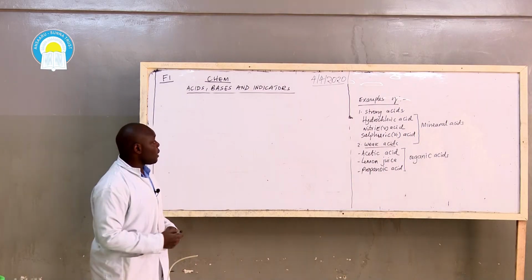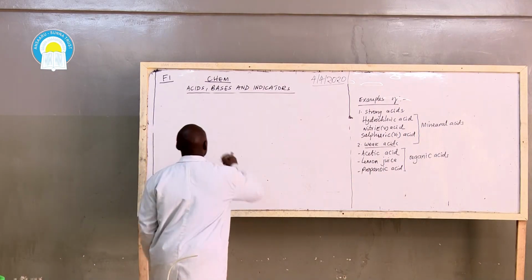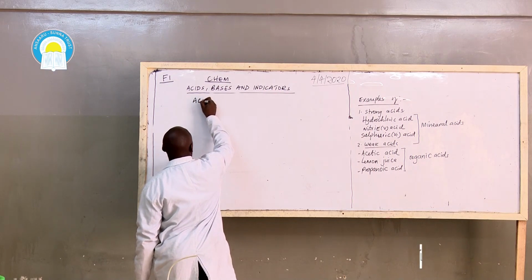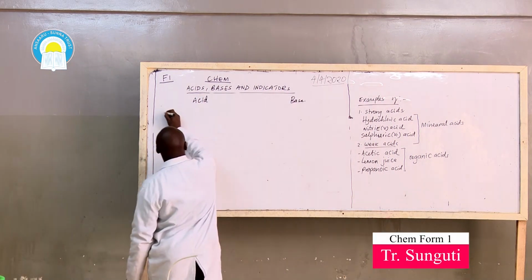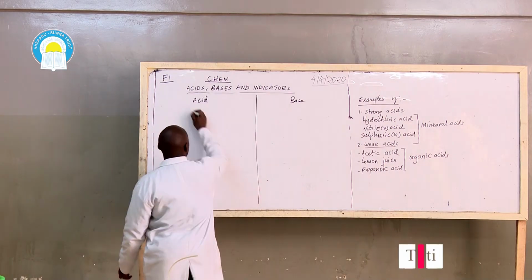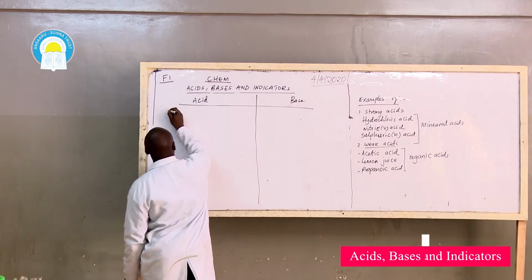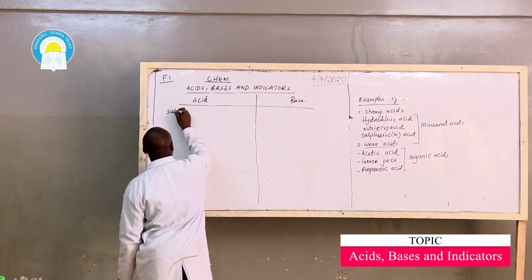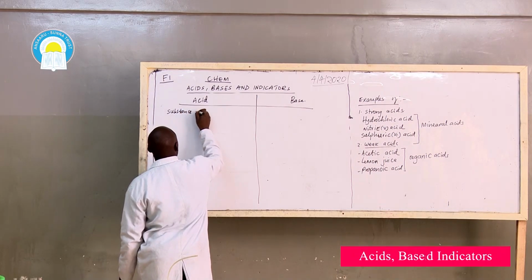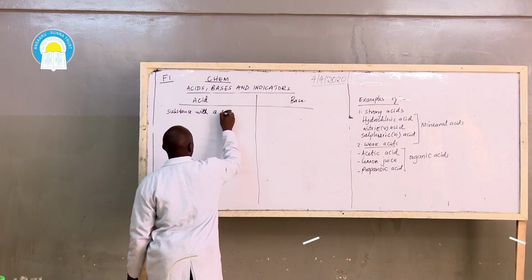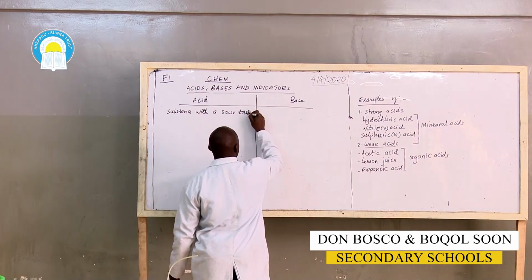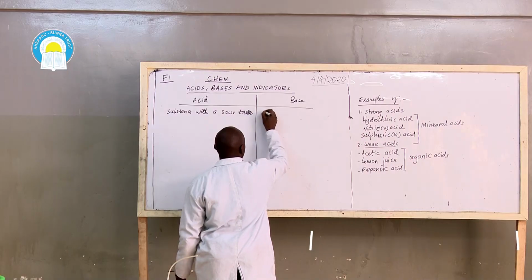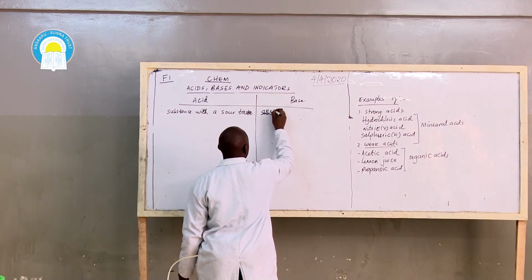Therefore, we can summarize by saying, let me use a table, this way an acid, and this way a base. An acid we can define as any substance with a sour taste, and a base is a substance with a bitter taste.